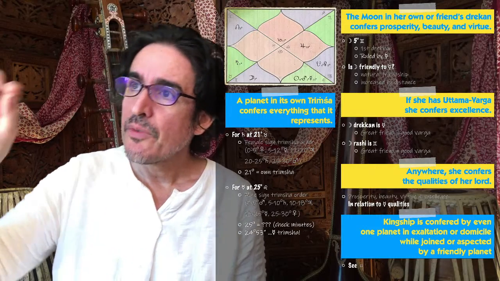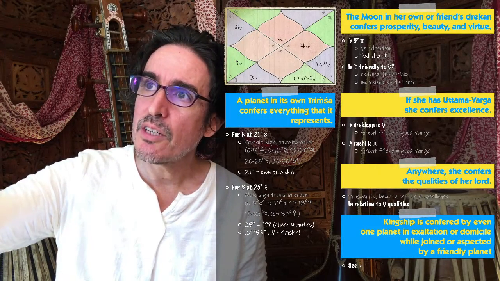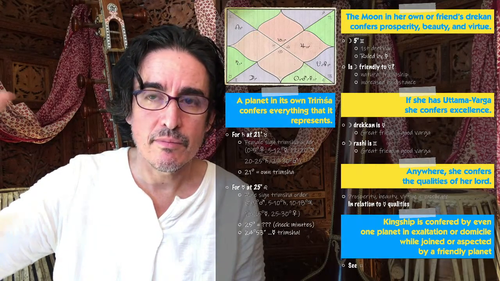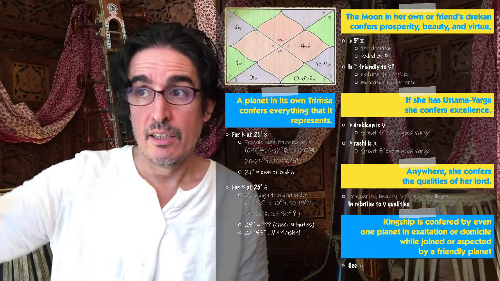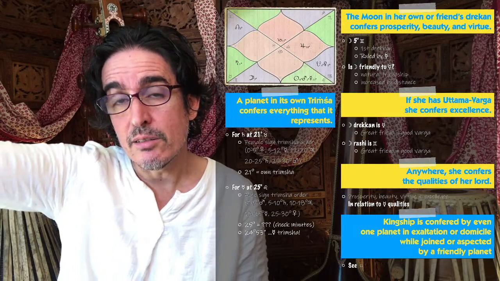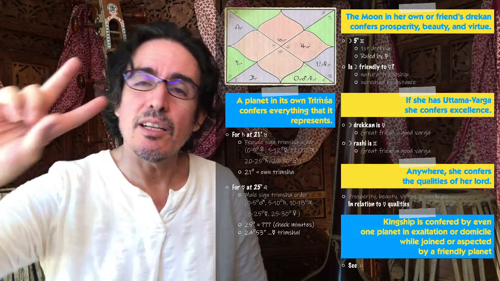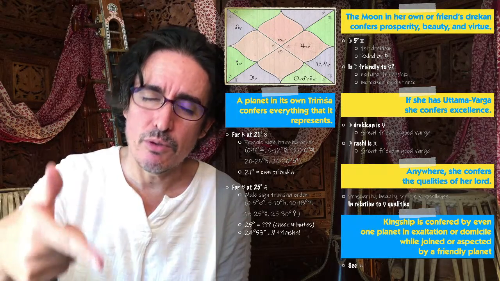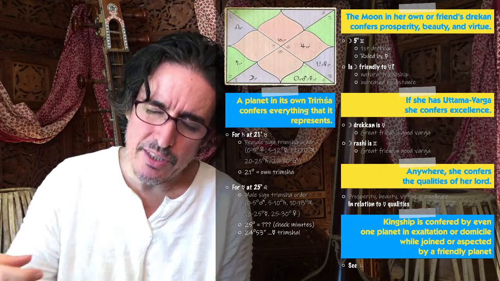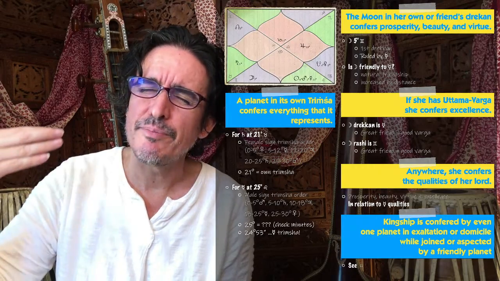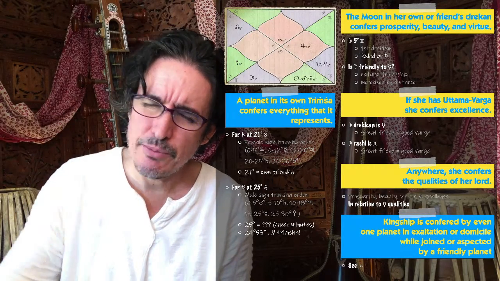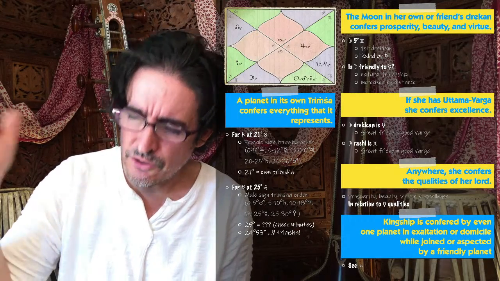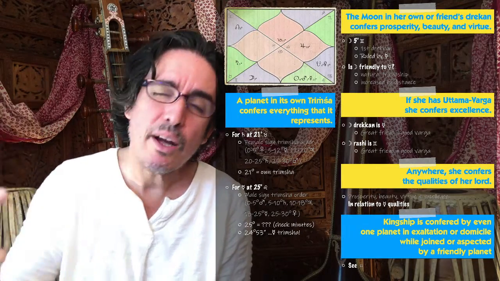So anyway, if a planet has the same Trimshamsa and Drekkana lord, he hasn't said anything about that. I would tell you that now that planet is twice the Lord. So say for example my moon is in Gemini, so Mercury is its Lord, and it's also in Mercury's Drekkana. So Mercury is twice its Lord.